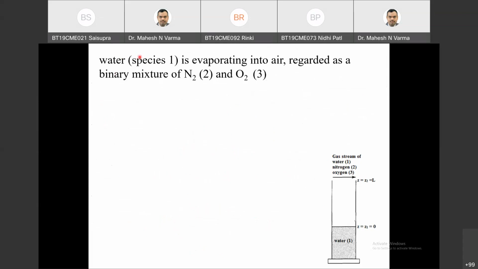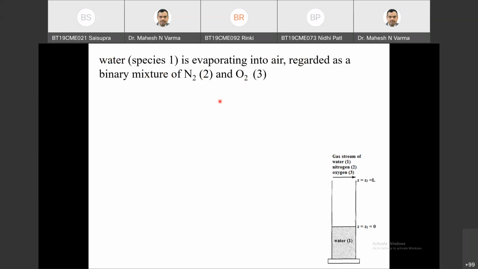Here, water, species A, is evaporating into air, which is regarded as a binary mixture. Air consists of nitrogen and oxygen. So overall, I can take it as water evaporating into air. Water is my one component and air is my other component, because the diffusivity of water in nitrogen and in oxygen is the same.